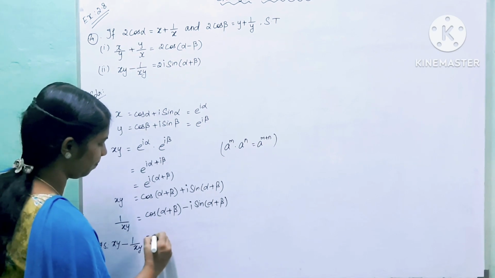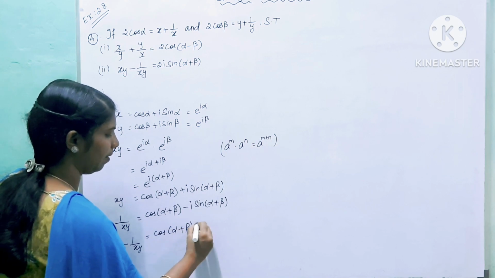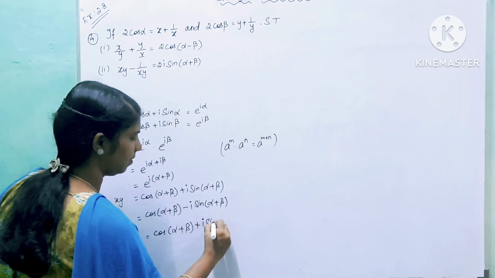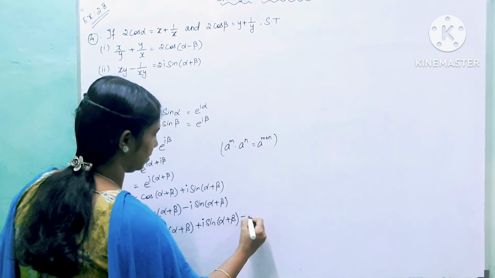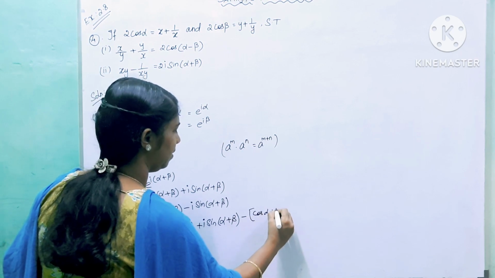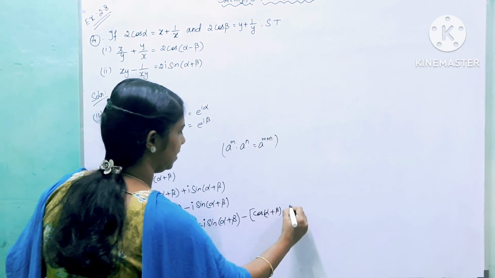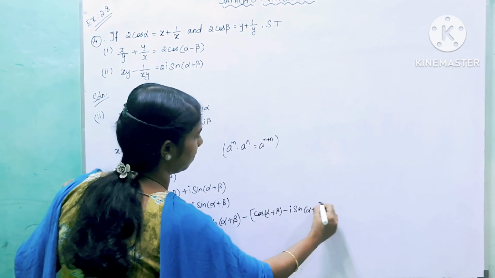is equal to cos alpha plus beta plus I sin alpha plus beta minus cos alpha plus beta minus I sin alpha plus beta.